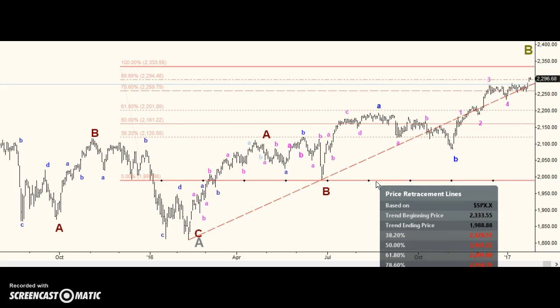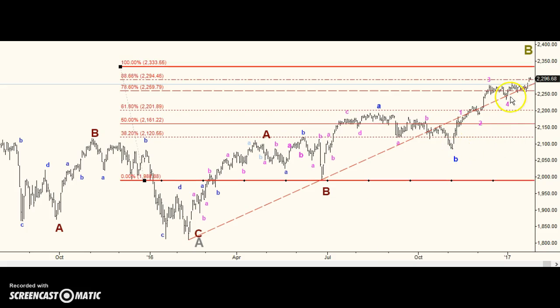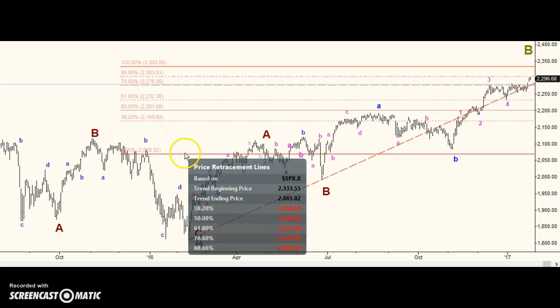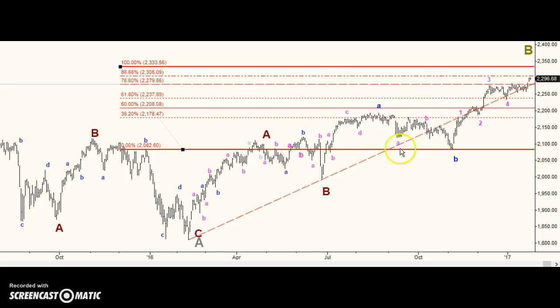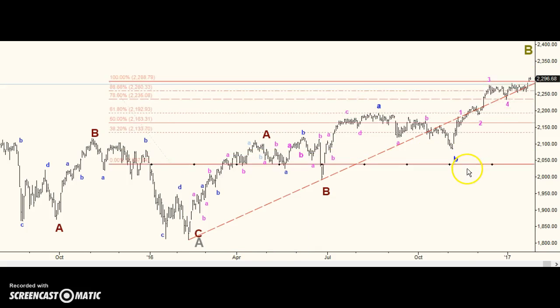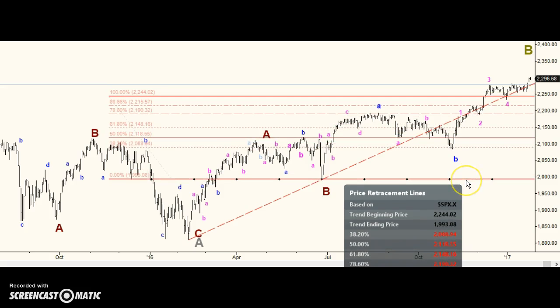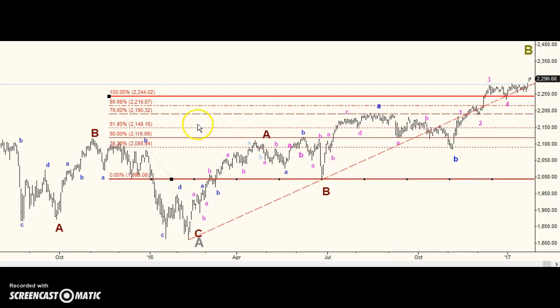What you'd also like to see is that blue C have some sort of relationship to blue A. There's blue C. There's blue A right at your 78.6.